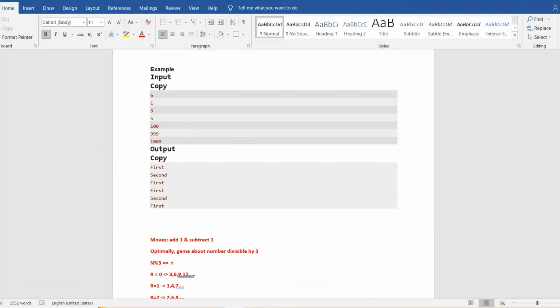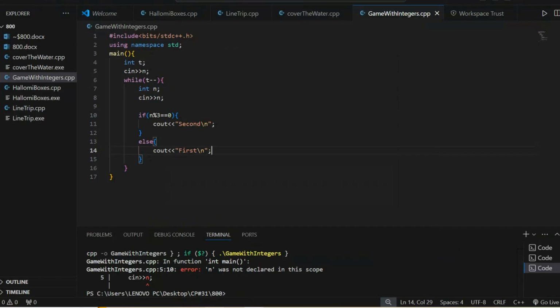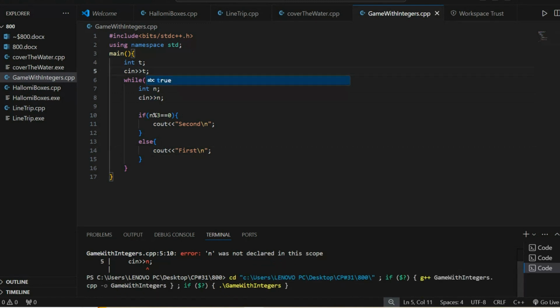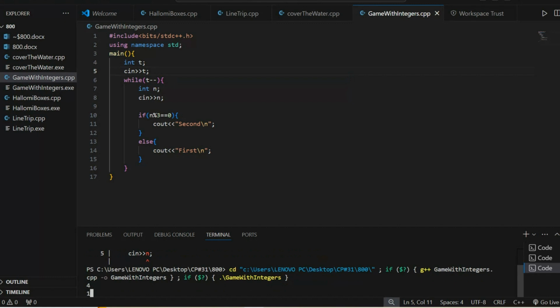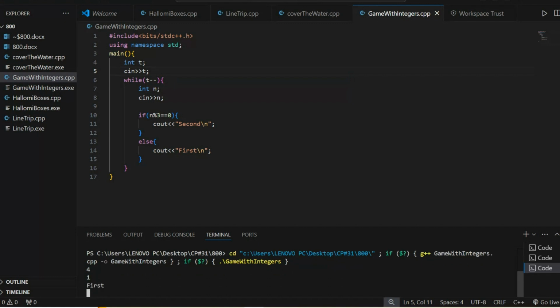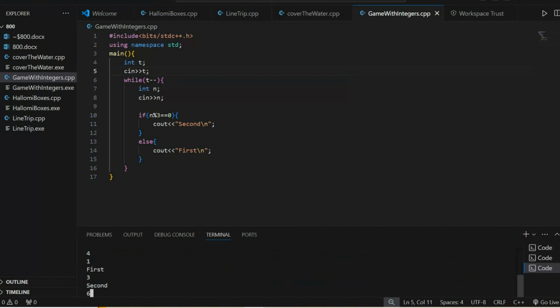Choose the test cases 6. Okay, what's the issue? Okay, it's t. That's again compiled. Okay, choose 4. We just considered 1, it's first. We just considered 3, it's second. We just considered 6, it's second. We just considered 99, it's second.